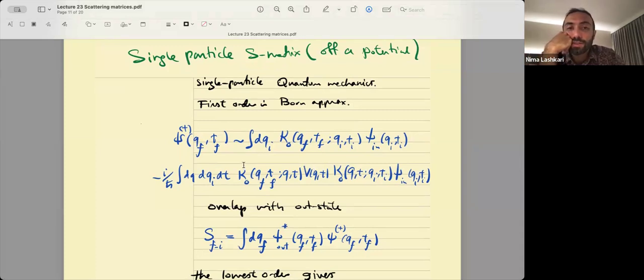These are the diagrams, if you recall, we drew like this. I don't know how to draw this.